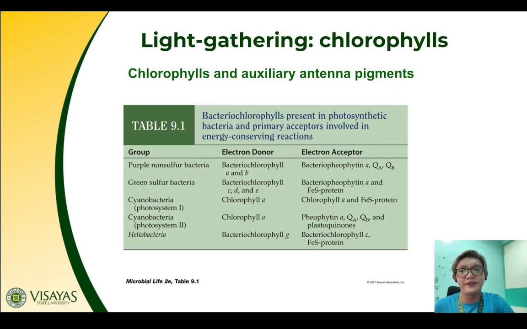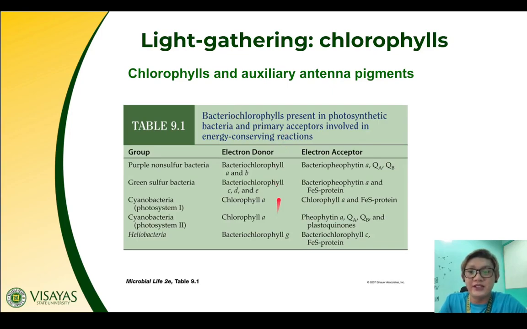Now, different groups of photosynthetic microorganisms have different types of electron donors and electron acceptors in the ETS. So the groups of photosynthetic microorganisms are the purple non-sulfur bacteria, green sulfur bacteria, cyanobacteria 1, cyanobacteria 2, and heliobacteria, at least for the type of electron donors and electron acceptors that they have.